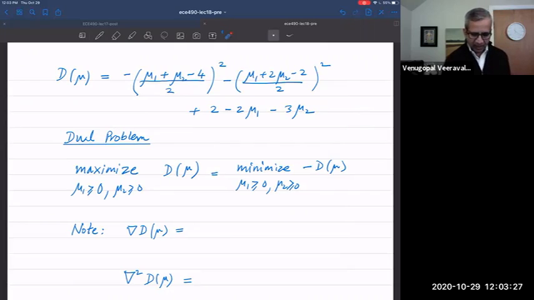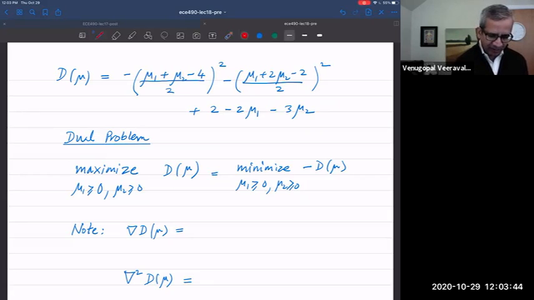Okay. So this is a function of mu. And it's not hard to see that this function had better be a concave function. We know that it's always going to be a concave function, right? And we can actually look at the Hessian to make sure that it's concave. So the maximization of d(mu) is the same as the minimization of negative d(mu). So the negative of this function is a convex function. Okay, so it's a convex optimization problem.